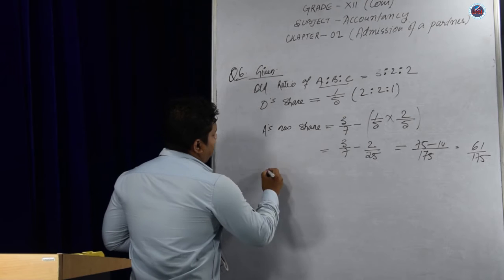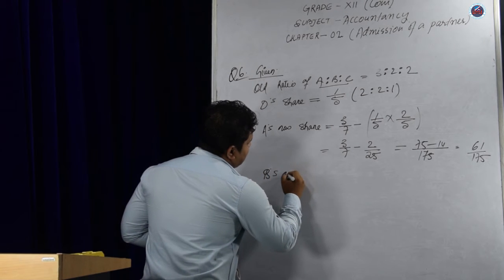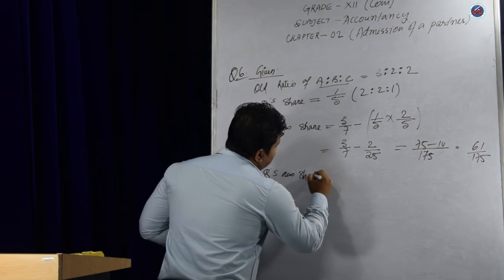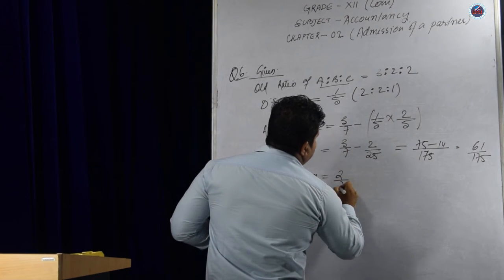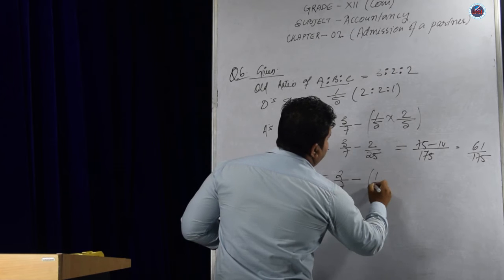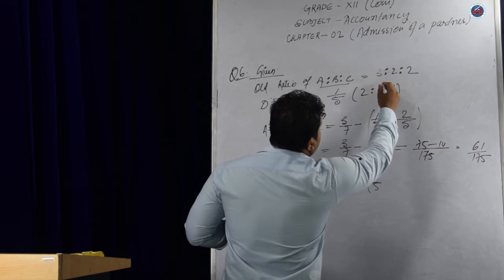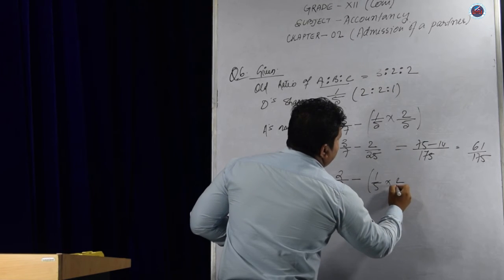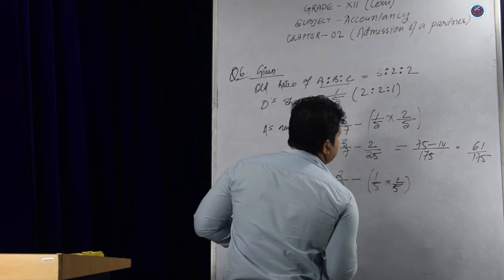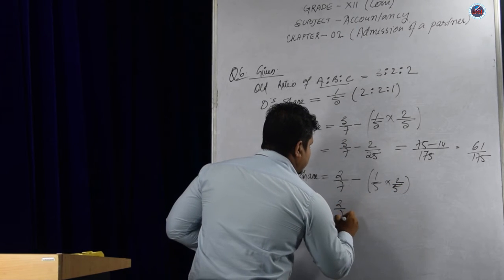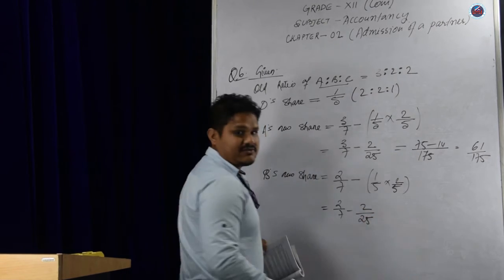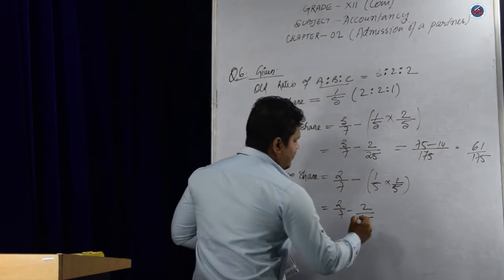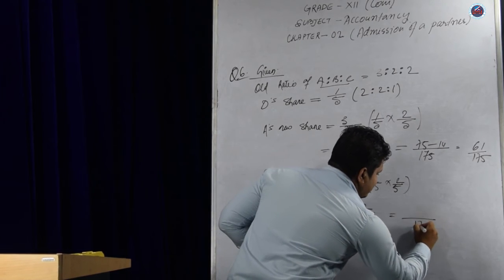Next, for B's new share, same. B's new share is equal to 2/7 minus again 1/5 of B will give 2/5. So if you multiply, 2 minus 25, same, we'll take LCM 175.